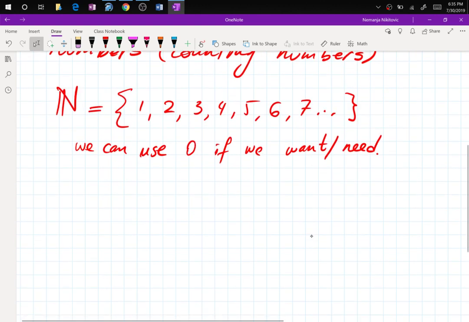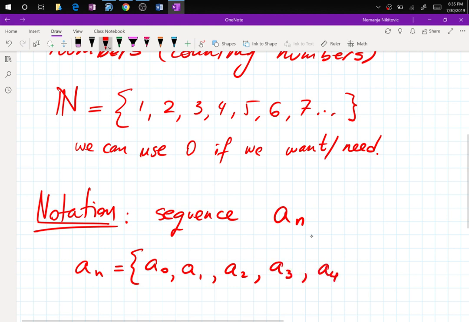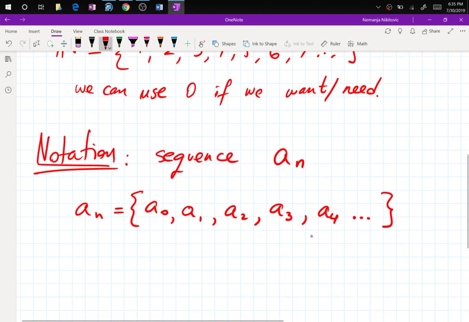Now, notation. A sequence a_n. We can start with a_0 or a_1 and just go in order all the way to infinity. Now, sequences can be finite, can be infinite.